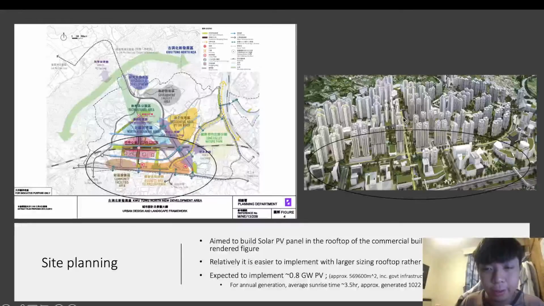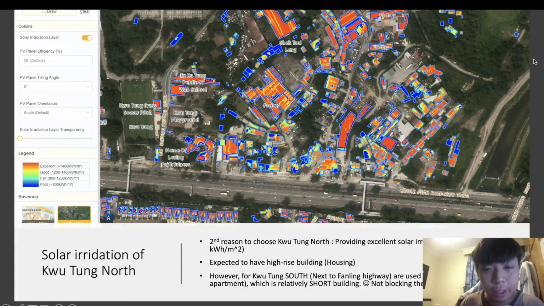Just like the render figure, it's expected to have high-rise residential buildings here. However, you know that the sun rises from the east and sets in the west, so it does not really affect the irradiation striking from the sun.